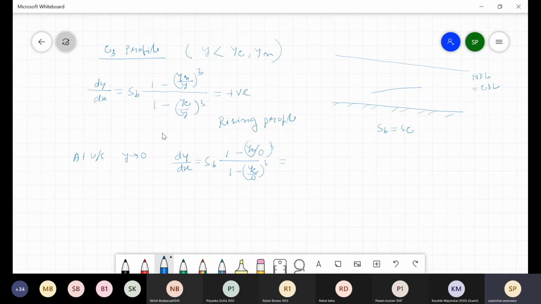Then they are saying that when y tends to 0, at upstream, dy by dx is equal to SB.